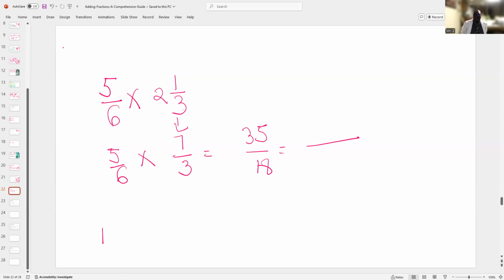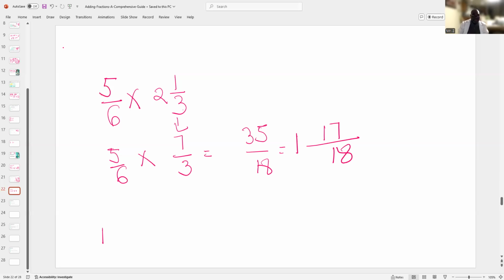Only one time. So I'm going to put 1, and 18 to 35 leaves 17. So the remainder is 17.